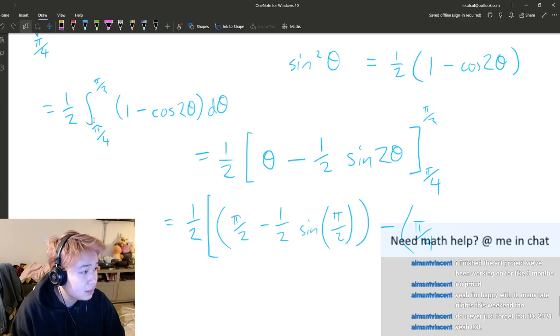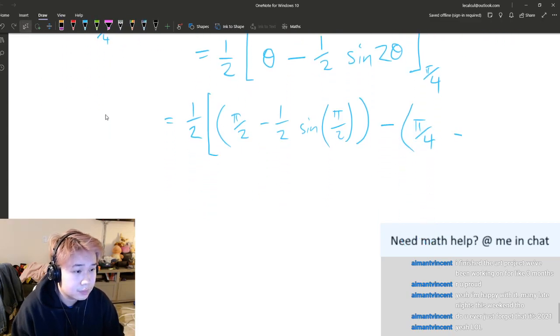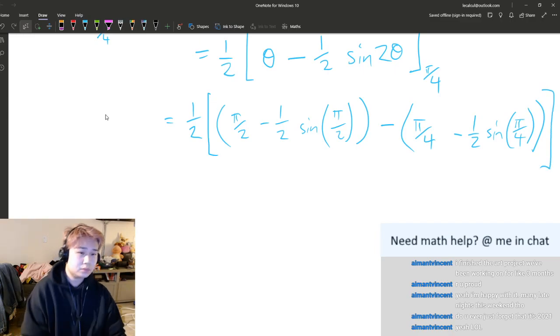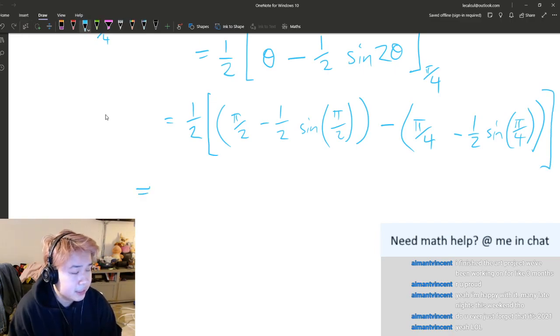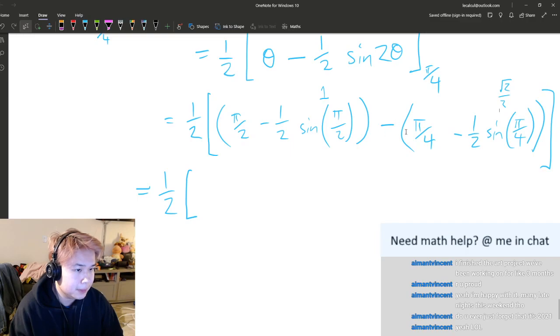Plug everything in and evaluate. Sine pi over 2 is 1. Sine pi over 4 is √2 over 2. And then what do I have? I have pi over 2 minus pi over 4, which is another pi over 4.